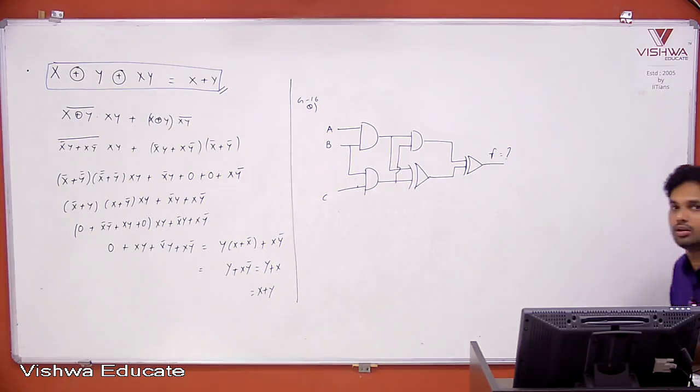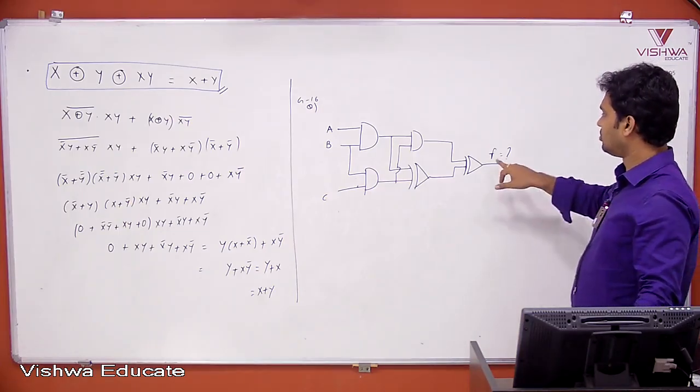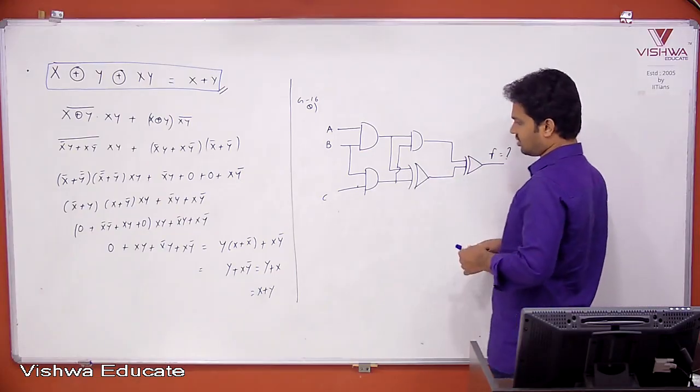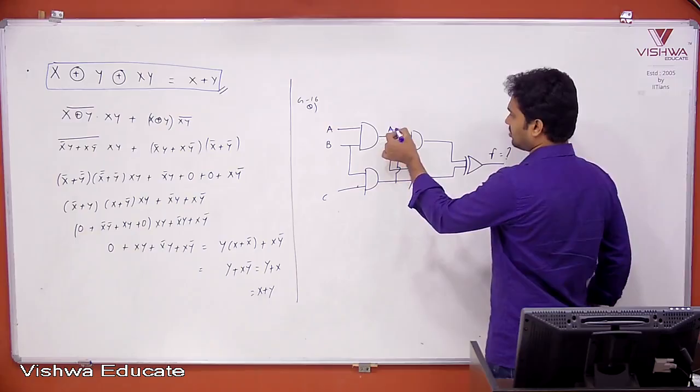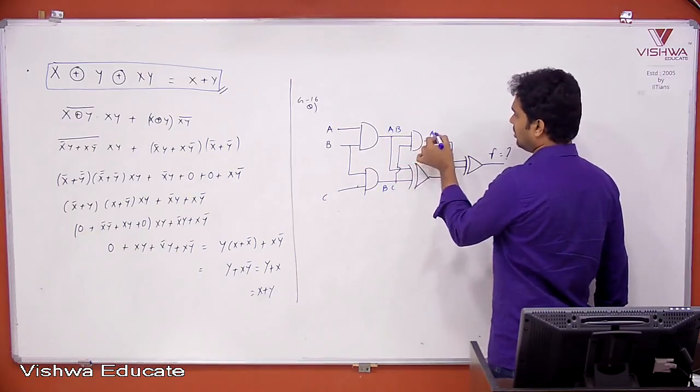Right. Now see. Suppose I ask you to find this function f. Don't do like this. Say for example, if you do like this, normally what we do, AB, BC, AB into BC.